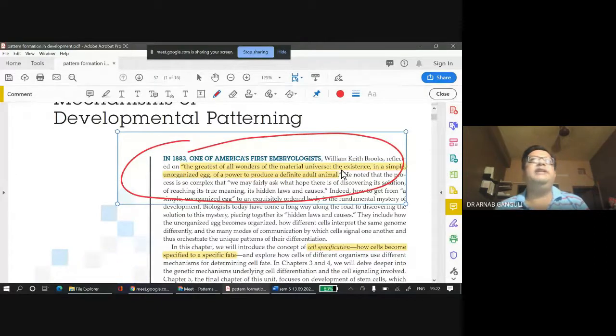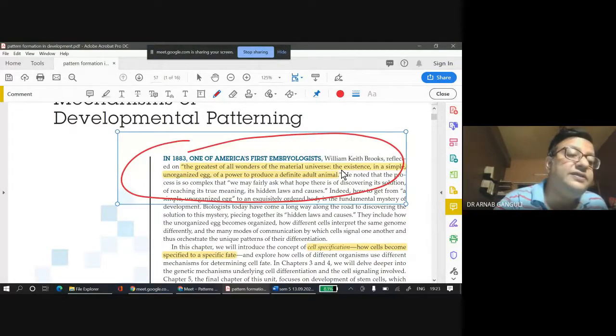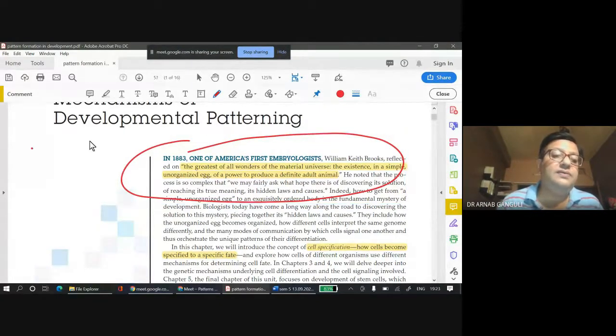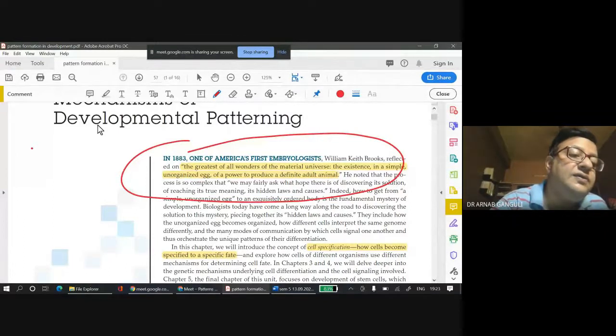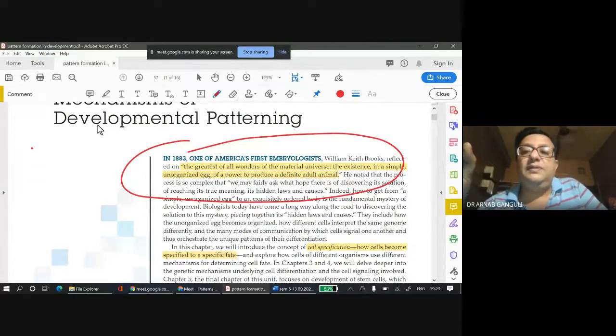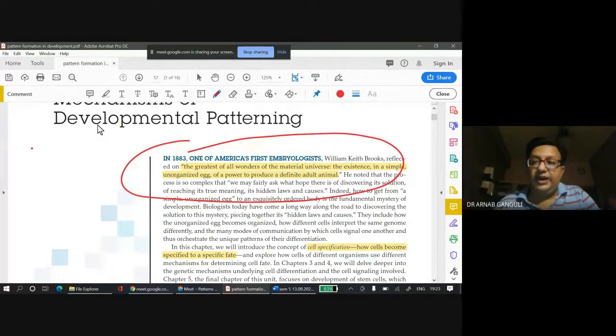For in our case, for example, we have got one head, two arms, two legs, two eyes, two ears, and that is what you call organized.